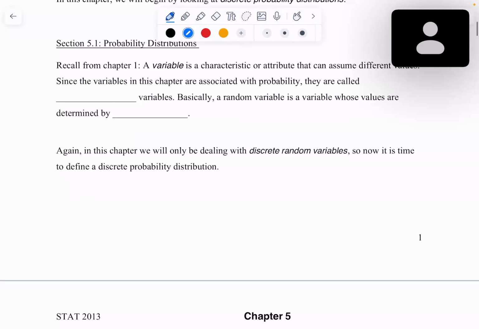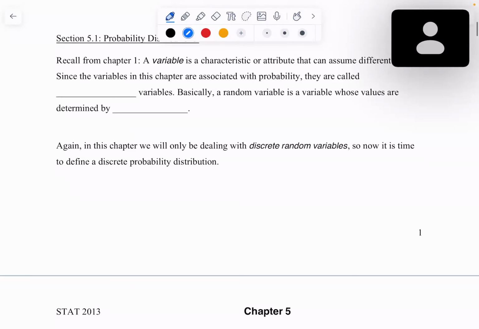So recall from chapter 1, a variable is a characteristic or attribute that can assume different values. Since the variables in this chapter are associated with probability, and remember probability looks at random chances, or the chance of random circumstances, these are called random variables, because probability is random.